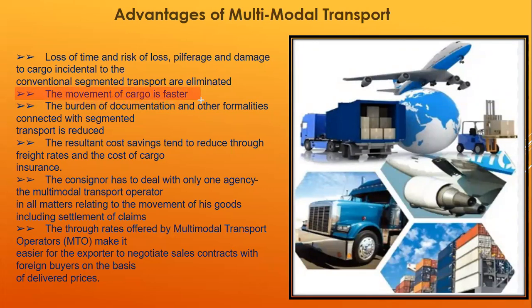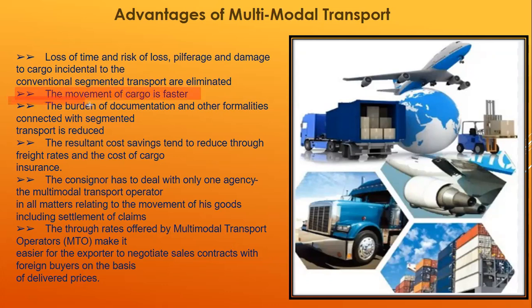If we do not use multimodal transport, then it may be a problem: we need to first arrange transportation from the factory to the ICD or airport, then again choose another transport. These are different activities we need to handle, and this only wastes time. Currently the facility of multimodal transport is available through freight forwarder companies, who arrange things.